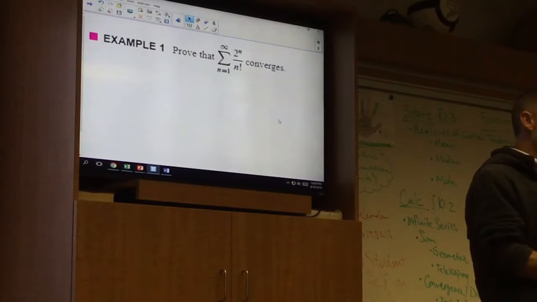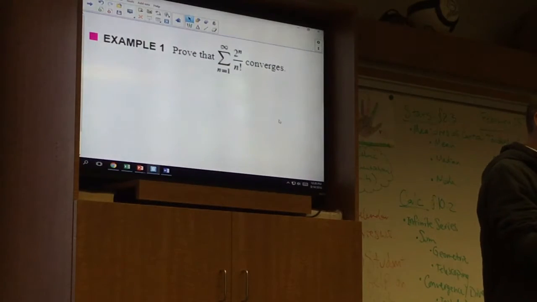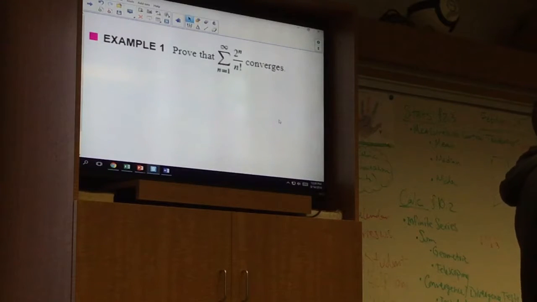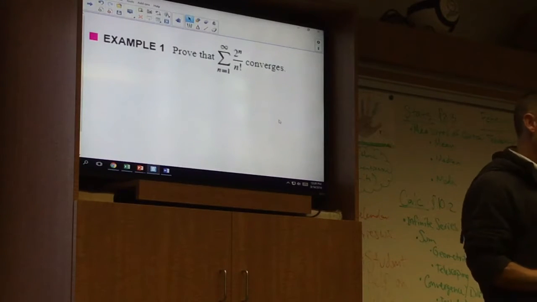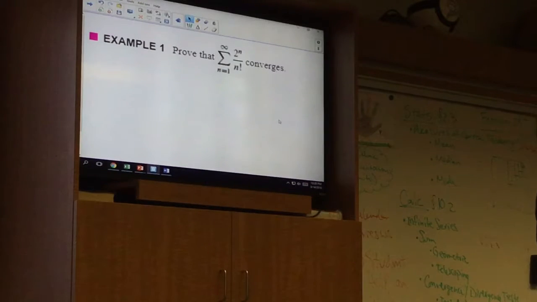As n increases, the numerator, you keep multiplying by 2 every time. Right? When n is 1, you have 2 over 1 factorial. And then, when n is 2, the next term would be 2 times 2 over 1 times 2.